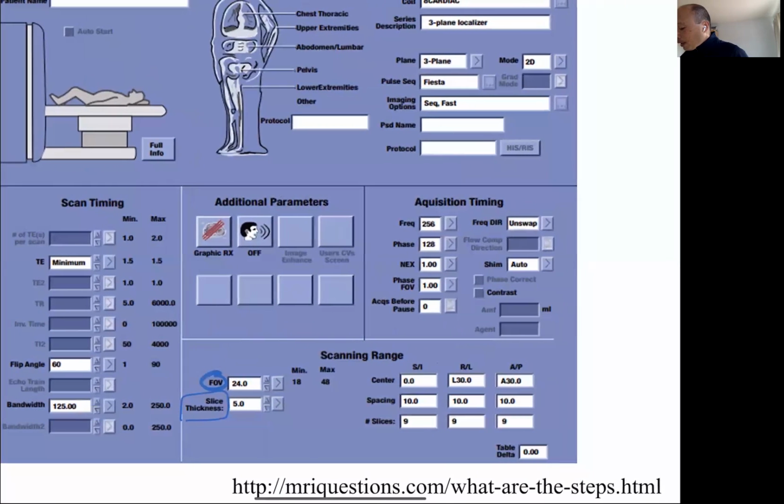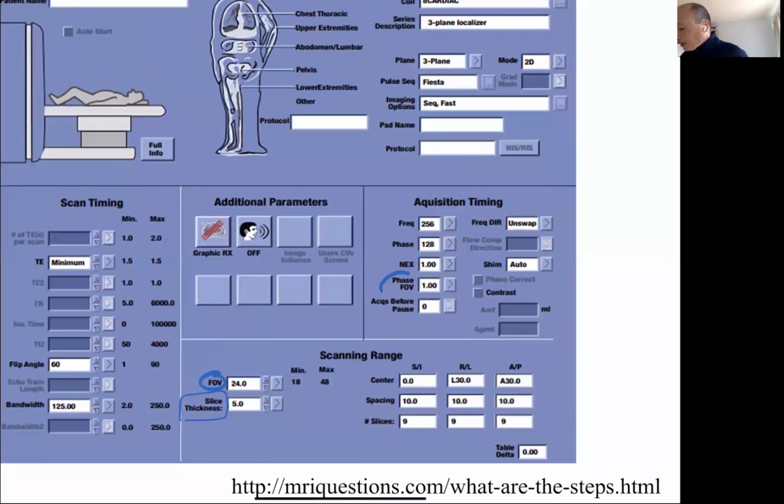And then they also specify the phase FOV, and this is just a multiple. So this would be, for example, the FOV in the X direction, and then the phase would be the FOV in the Y direction. And that's just a multiple of the FOV in the X direction. So in this case, it would be a 24 by 24 FOV.